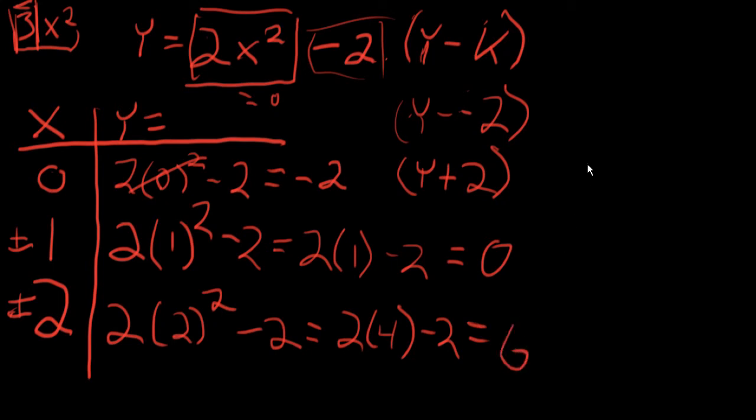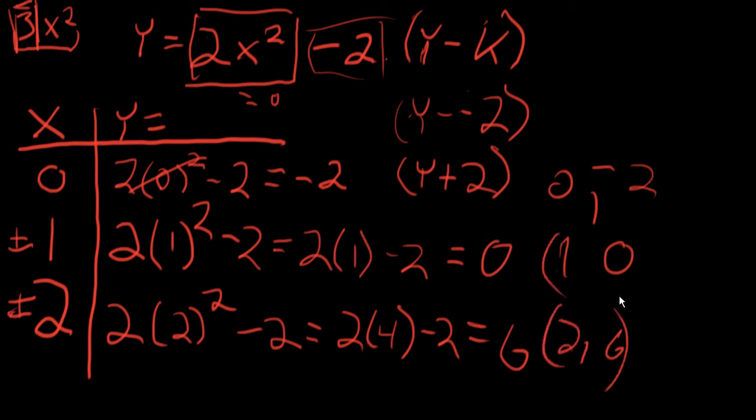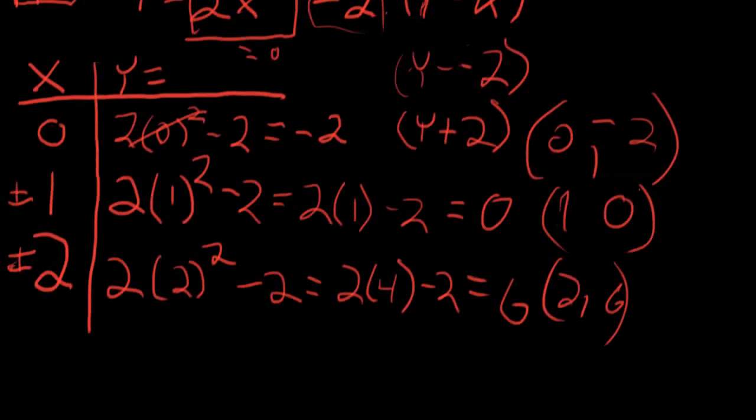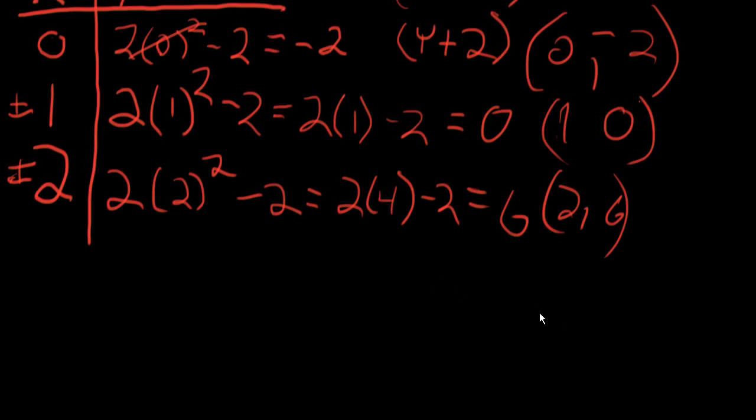So we have negative 2, 0, 6, 4, 0, 1, and 2. So those are going to be our points, which we're going to reflect across the axis.